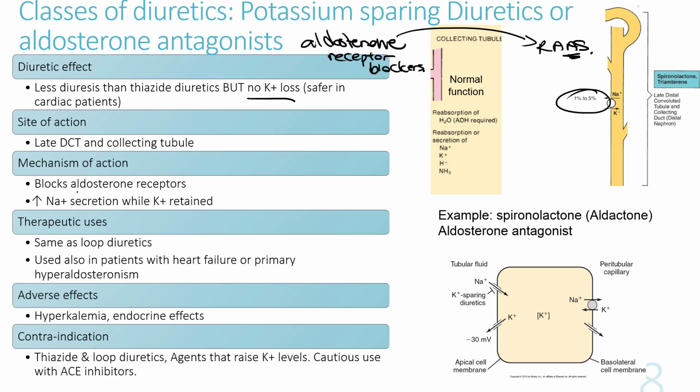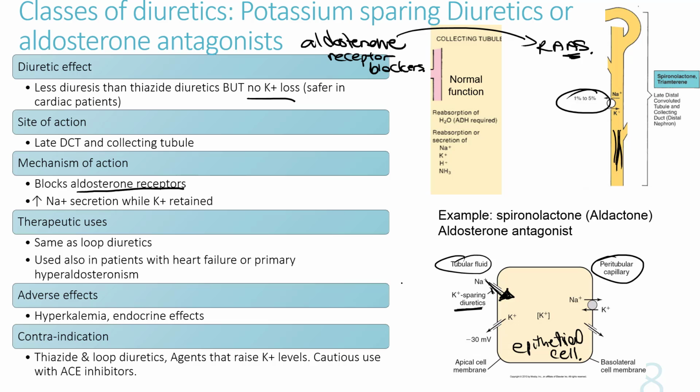Mechanism of action, as I said, it blocks the aldosterone receptors. And this is how it works. If you look at the diagram down below, this is the epithelial cell. This is the tubular fluid, and this is the capillary side. These drugs work by blocking sodium re-entry into the cell and therefore into the blood.